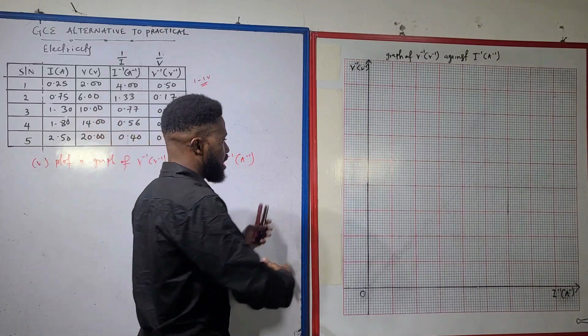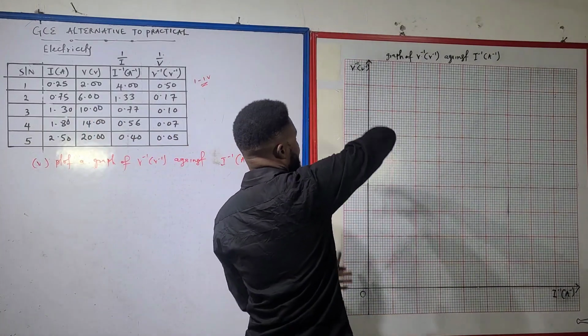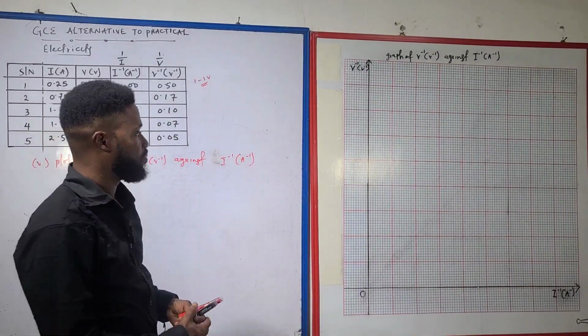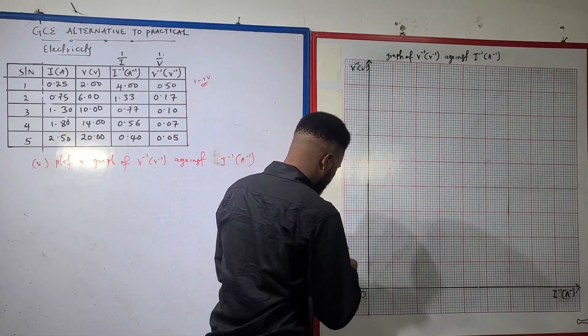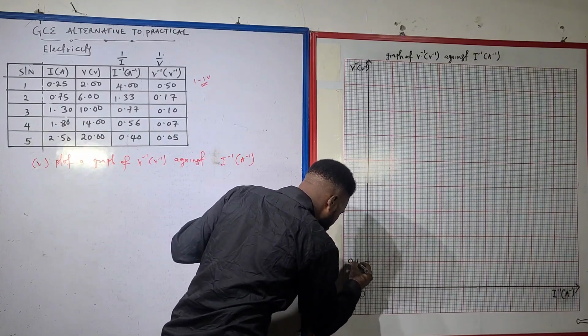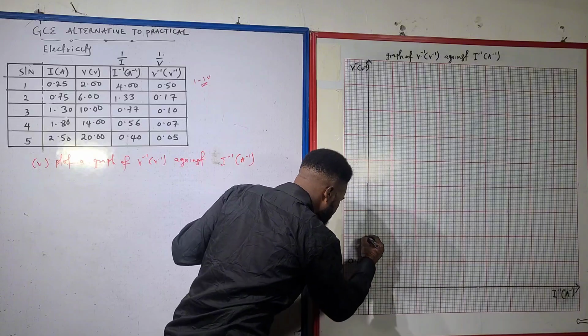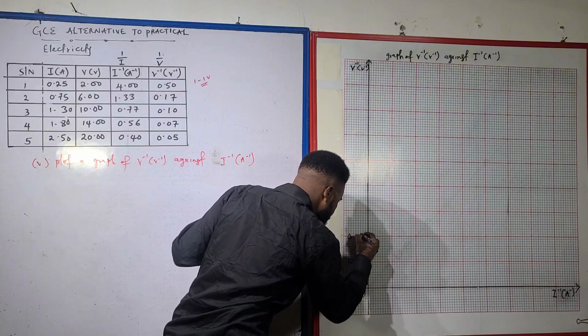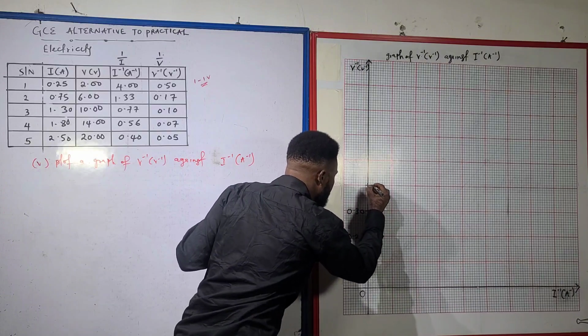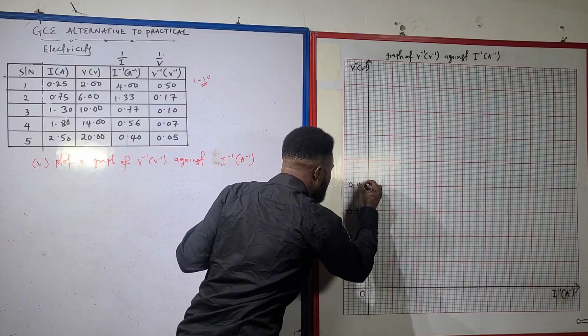But of course, on a paper graph, you could go more than that, because the length is more on paper. So I'm going to take this as 0.10, 0.20, 0.30, 0.40, 0.50.